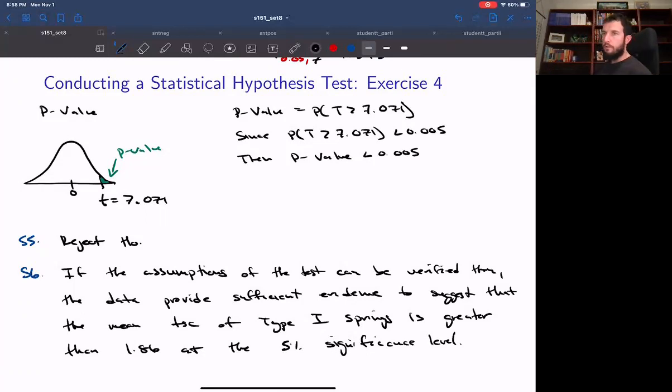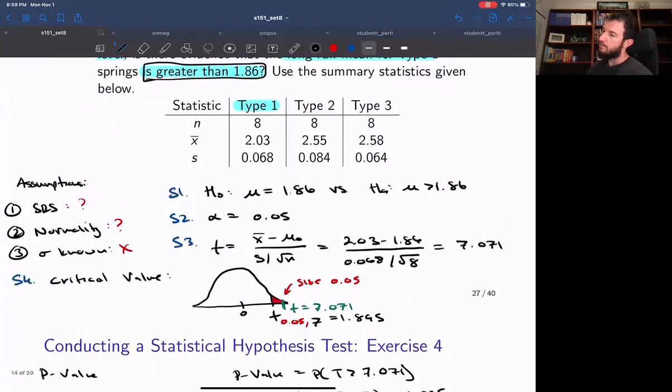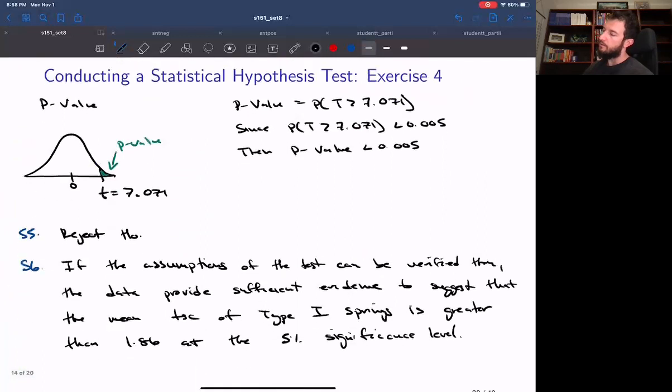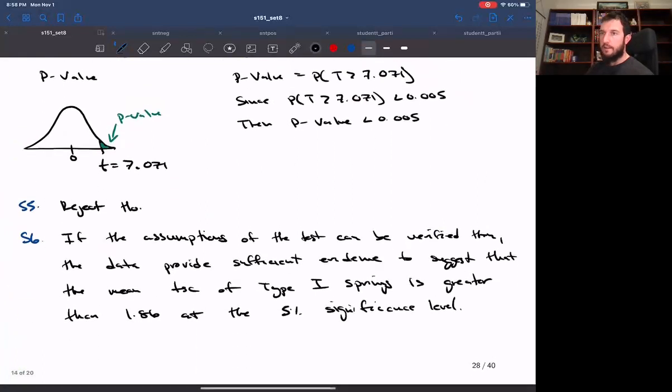So I went a little out of order this time because I put my significance level last, but it doesn't matter as long as we include it in the statement. So what we found here is if we can verify those two assumptions, then we have evidence that the mean TSC of type 1 springs is larger than 1.86 at the 5% significance level.